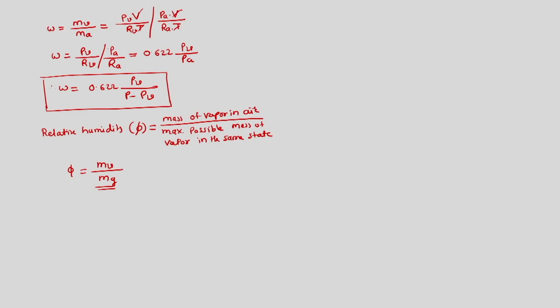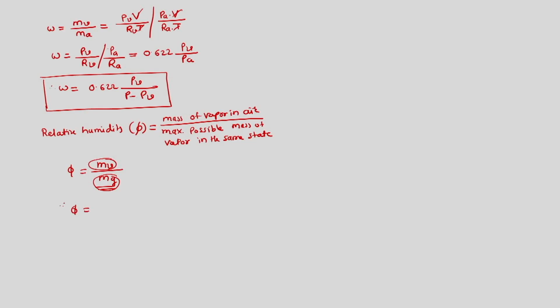So the fact is there is a maximum possible mass which air can bear for the vapor, beyond which air cannot accommodate the vapor. So such a maximum mass is called the saturation mass of vapor, and then the actual mass which is present for a given state of pressure and temperature. So this ratio is called the relative humidity.